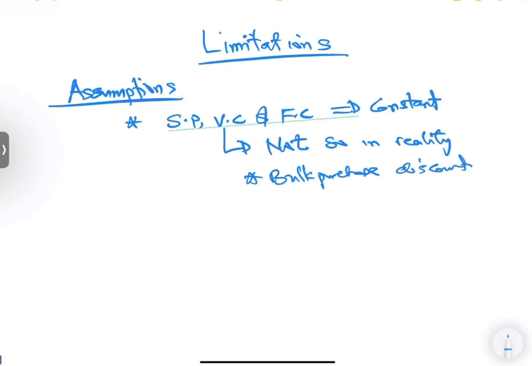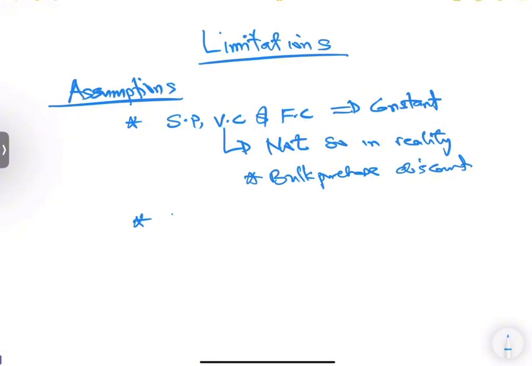Your vendor might say, if you buy 10,000 units, I give you some discount. Or they might be doing a promotional sale: come and buy more, we are selling at a discount. So the variable cost will not be constant because the material cost has changed. Even fixed cost will not be constant because there can be a step-up fixed cost. It's not all the time that your fixed costs are always constant. So that assumption is the first thing we're attacking because it's not always so in reality.